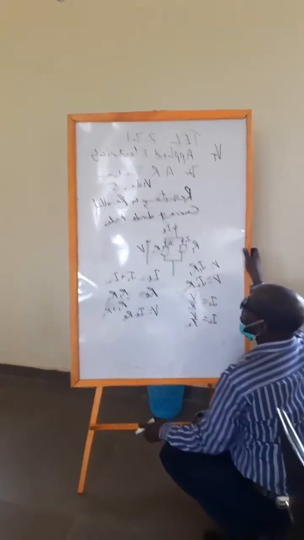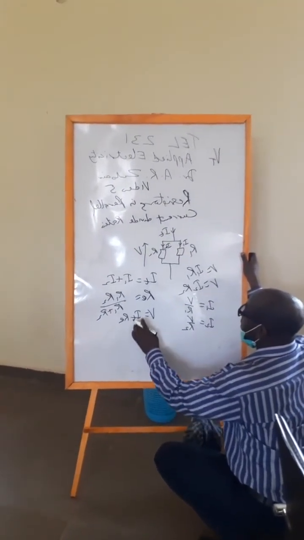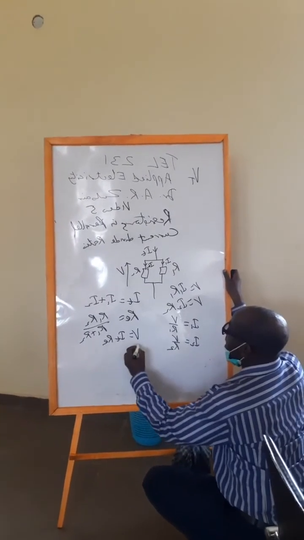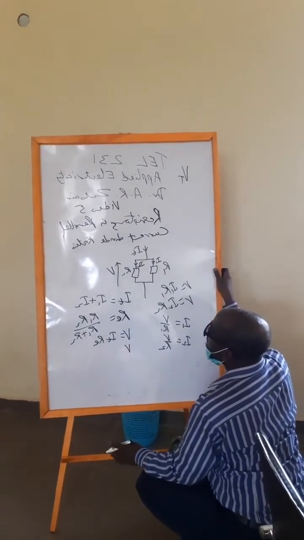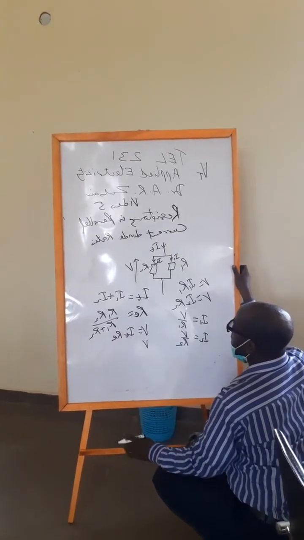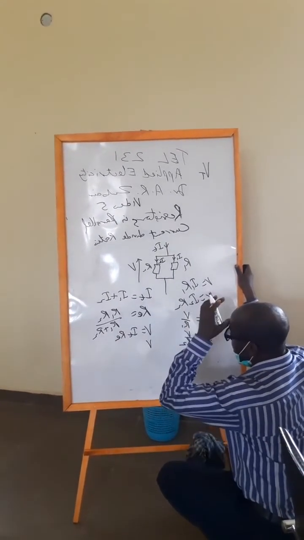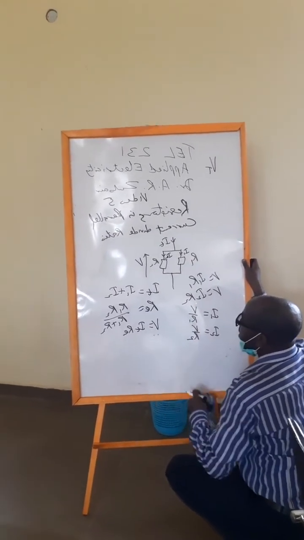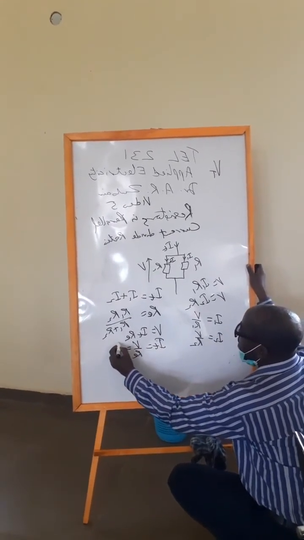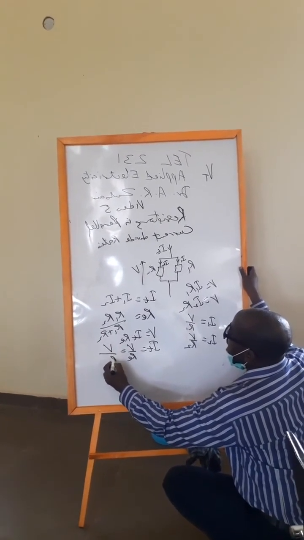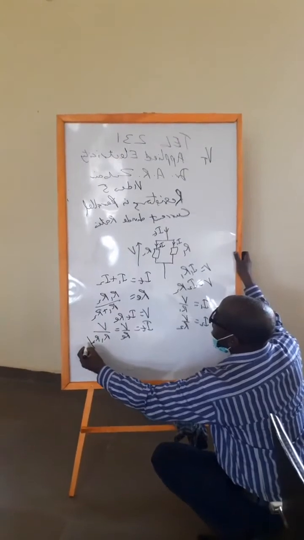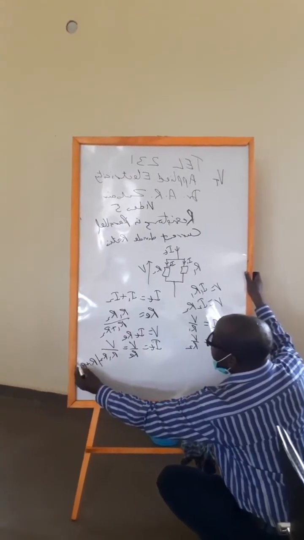So from here, what are we saying? From here we can see that IT is equal to V over RE, which is equal to V over R1 R2 over R1 plus R2.